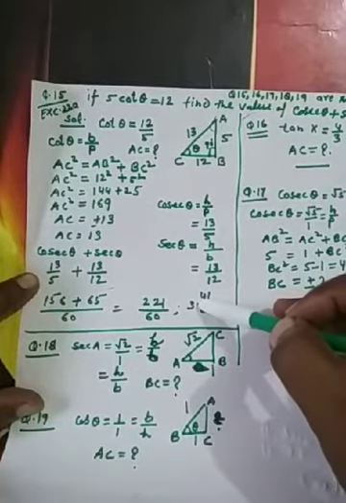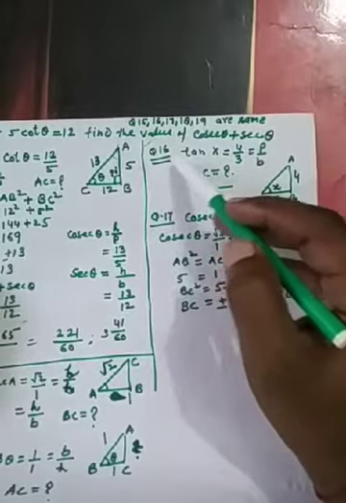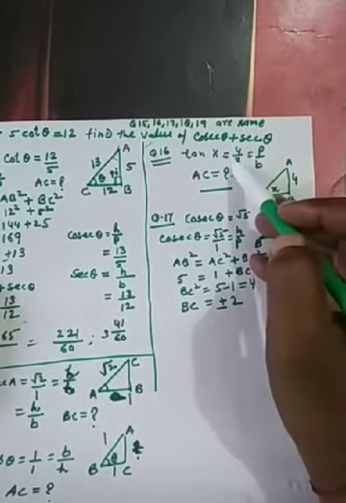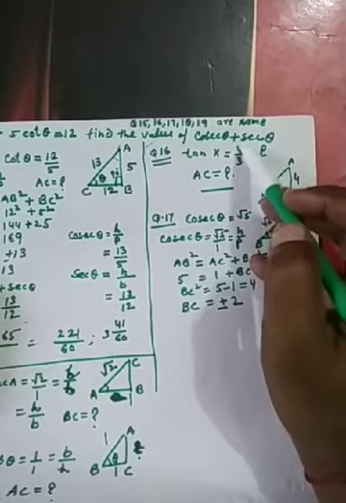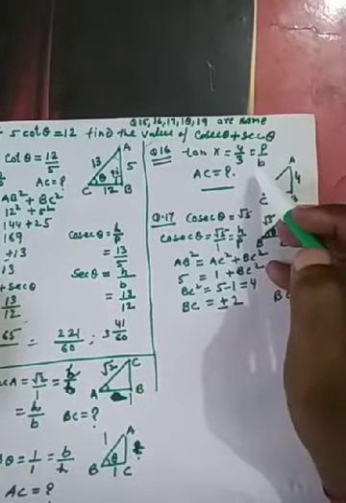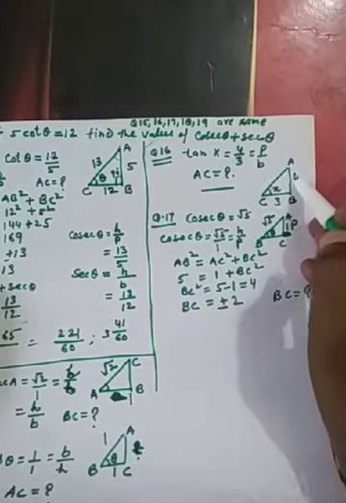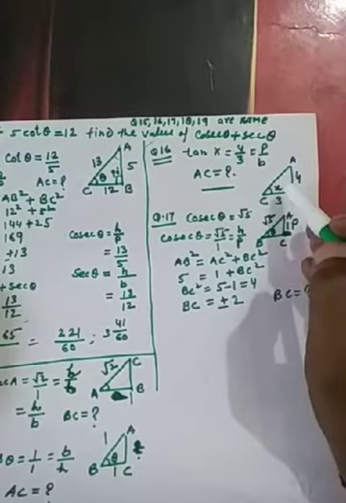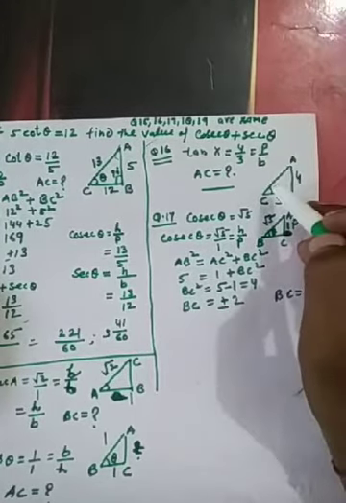Questions number 16, 17, 18 and 19 are the same. I am giving you some hints. Question number 16: tan x is equal to 4 upon 3. Again, this is the ratio, and two sides are given. Number 1, draw a right angle triangle.